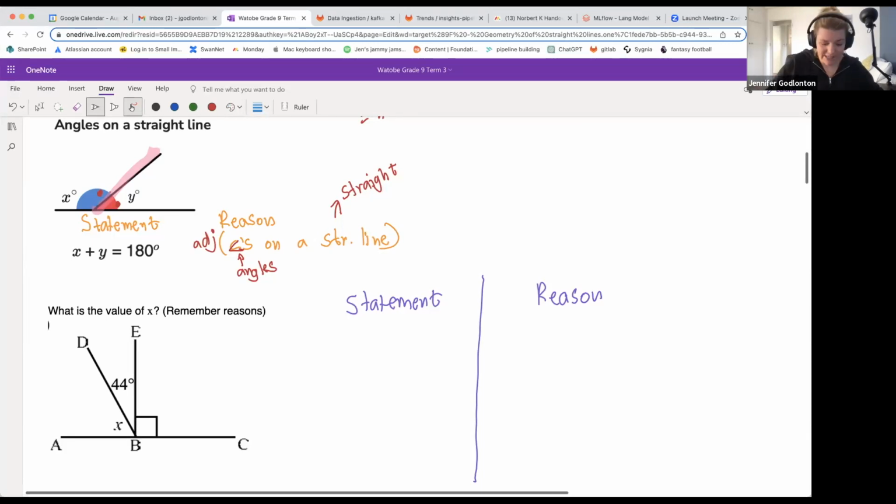What we're trying to do here is find the value of X, which means we need to start by writing a statement, and that statement is going to end up looking like some kind of equation. Okay, so I'm seeing a 90 degrees. This little box over here, that's a nice way of telling us that it's 90 degrees. So that area would be 90 degrees. X is going to be a little bit smaller than 90.